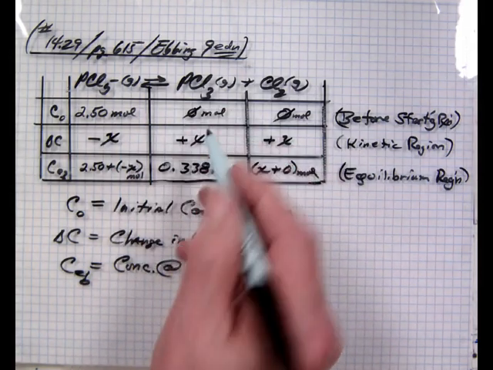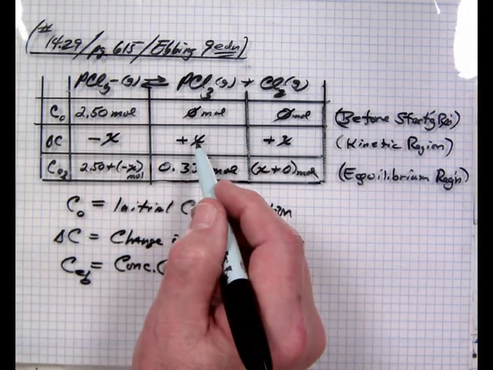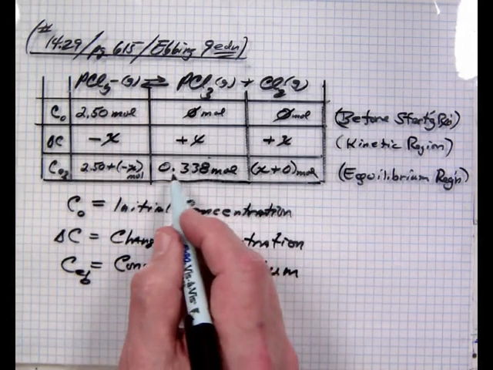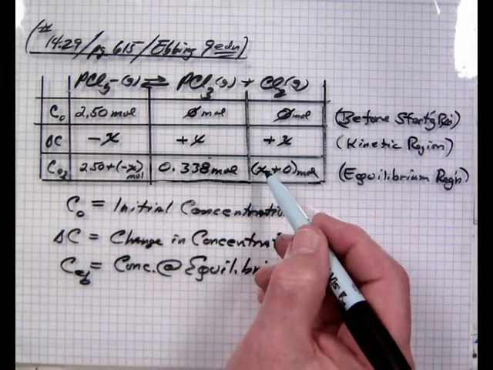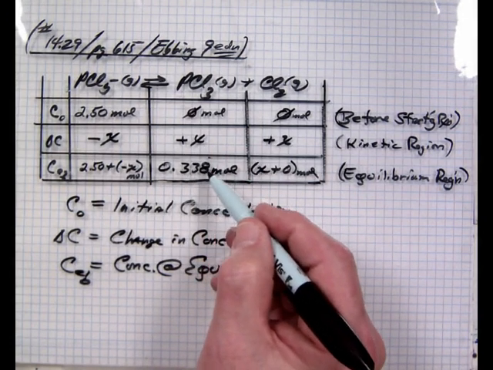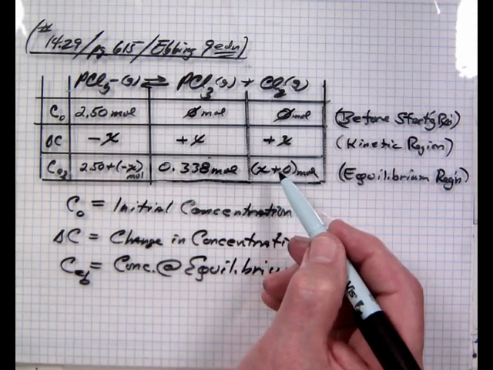So in this case, it's easy enough. 0 plus x is equal to 0.338 mole. So that means if x is 0.338, this one's going to be 0.338.